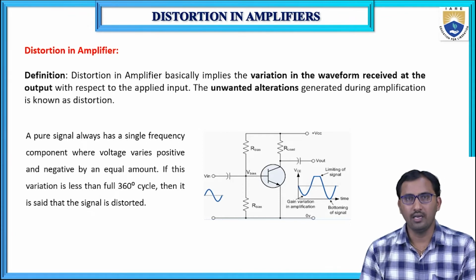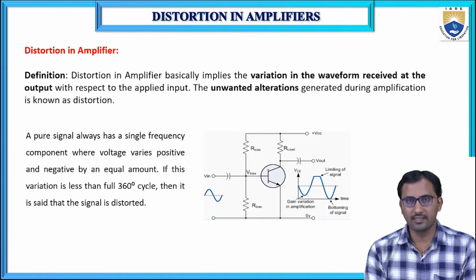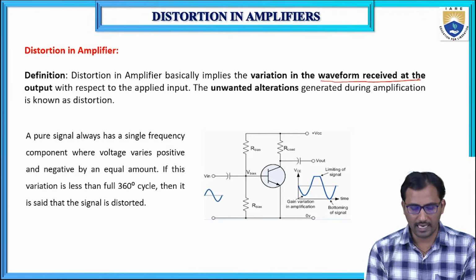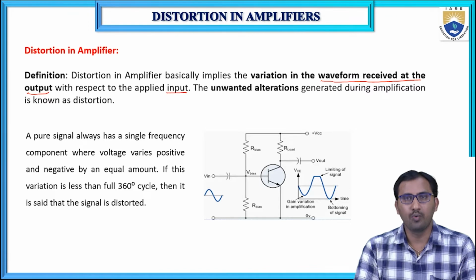So distortion means the variation of the output waveform with respect to the input wave. If the output waveform and input waveform are the same, it means there is no distortion. But if the output waveform is different from the input waveform, then the output signal is distorted.